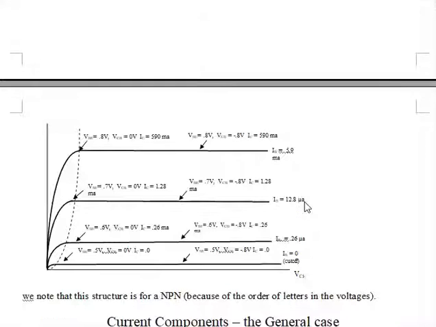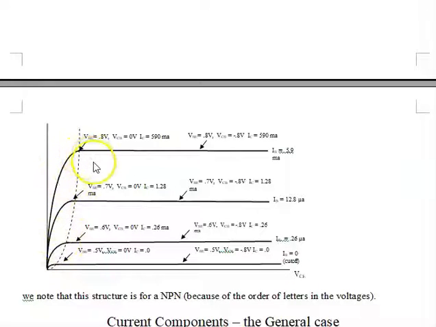What happens here is that I do get control of collector current. This is collector current. Here, these curves, I get control of collector current with collector voltage in this region right here.